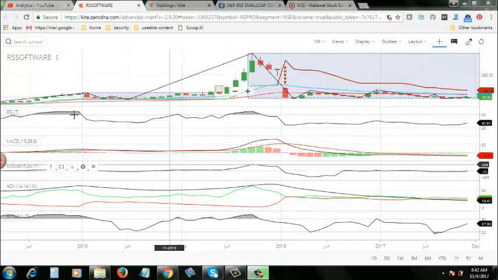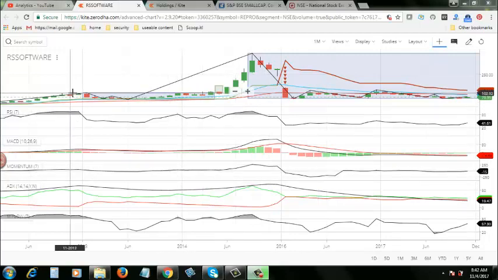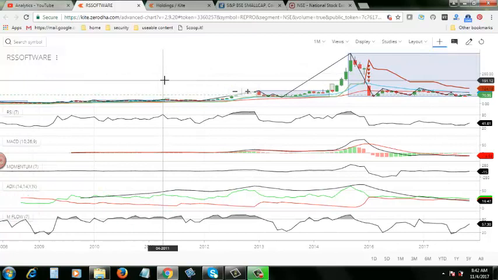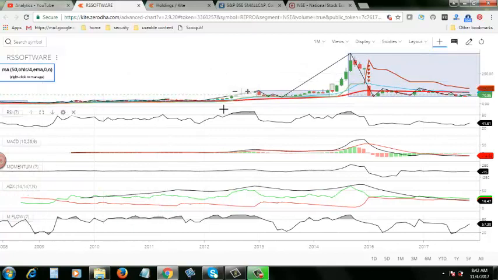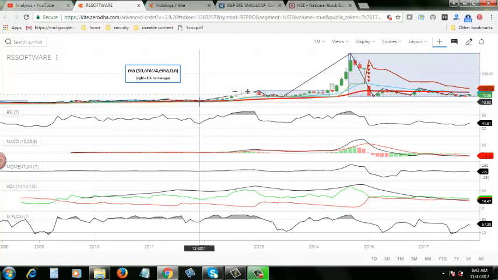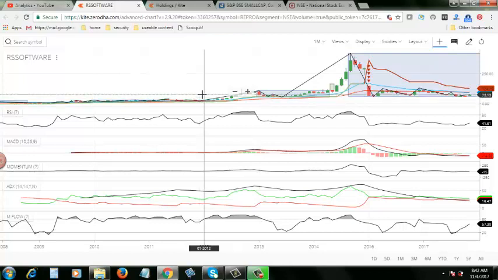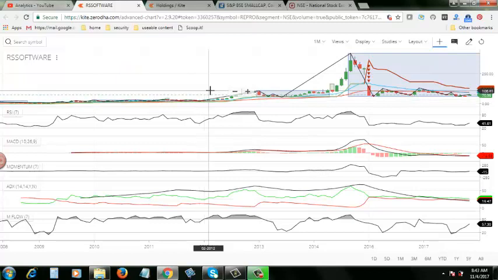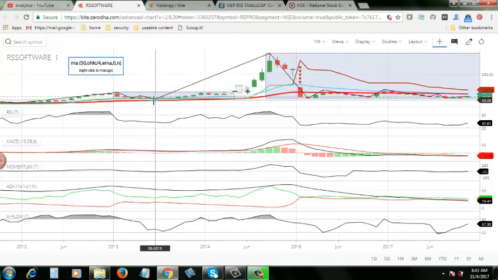Now if you look at the price trend path of RS software, we have data here since 2008 onwards. You can clearly see that until 2011 there is no significant movement, either in the upward or the downward direction of this particular stock, and only after 2011 the stock started moving in the upward direction.